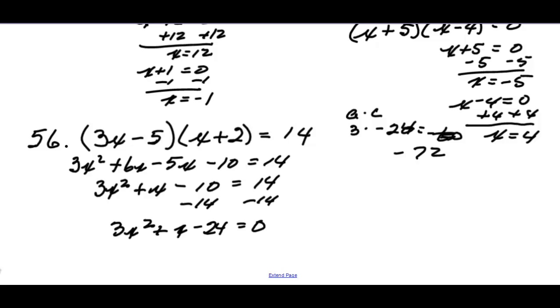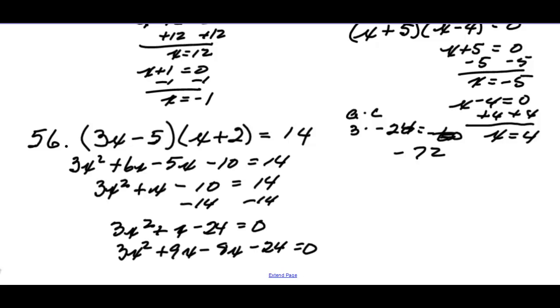So now when we multiply 3 times negative 24, we get negative 72. That combination would be 9 times 8. So we get 3x squared plus 9x minus 8x minus 24 equals 0.